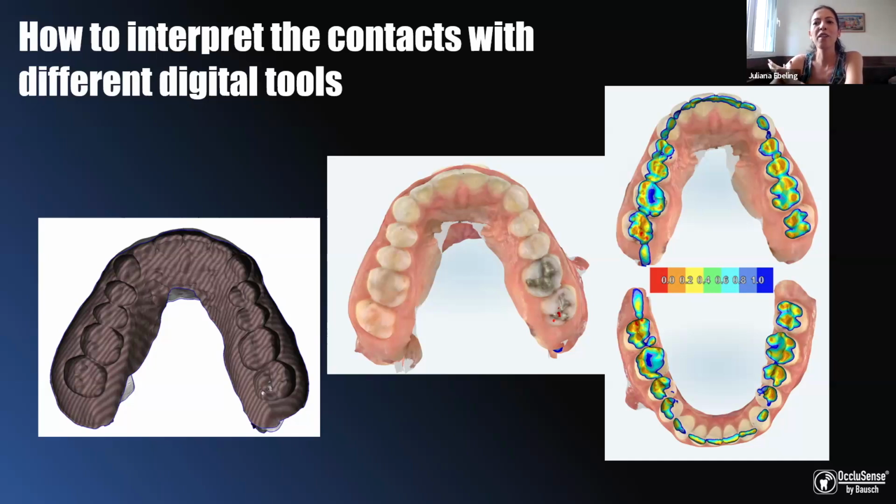I want to know if I have space for ceramic, not for occlusion analysis. So for occlusion analysis, I can consider at most these first two colors, which are red, that varies from 0 up to 0.1. It's 100 micrometers. It's a lot of space.